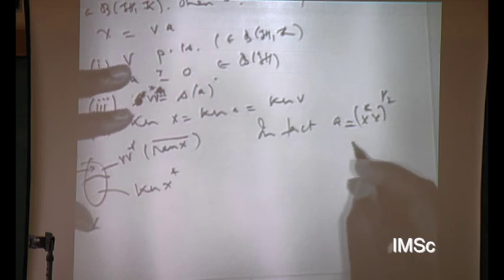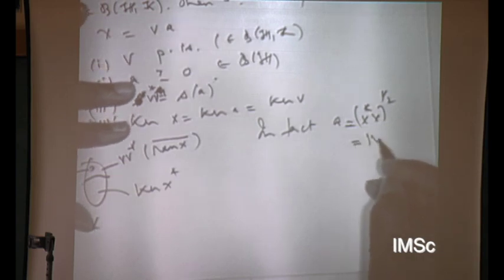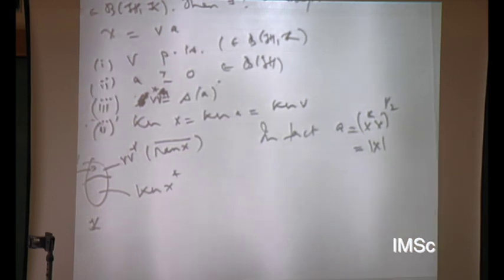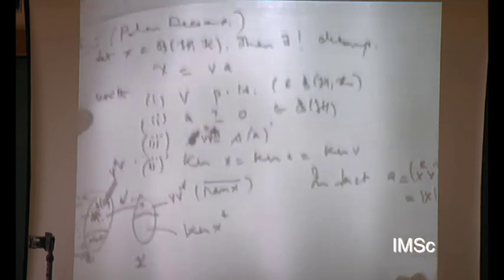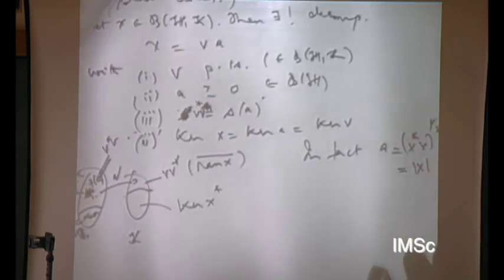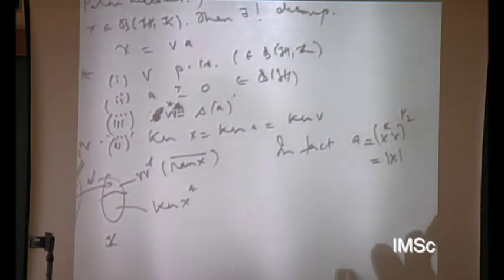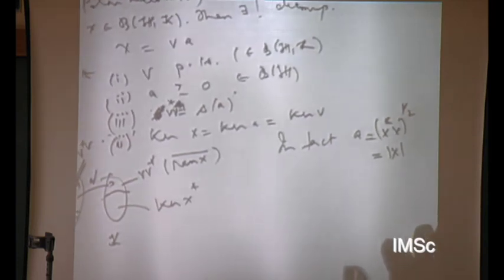One denotes this operator by mod X. Right? So this is kind of in keeping with our polar decomposition. The statement is more involved than the proof. The proof is completely straightforward. It's a two-line thing.